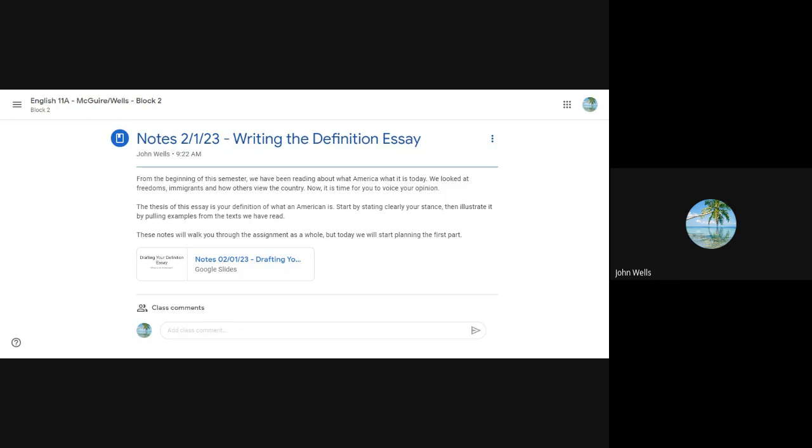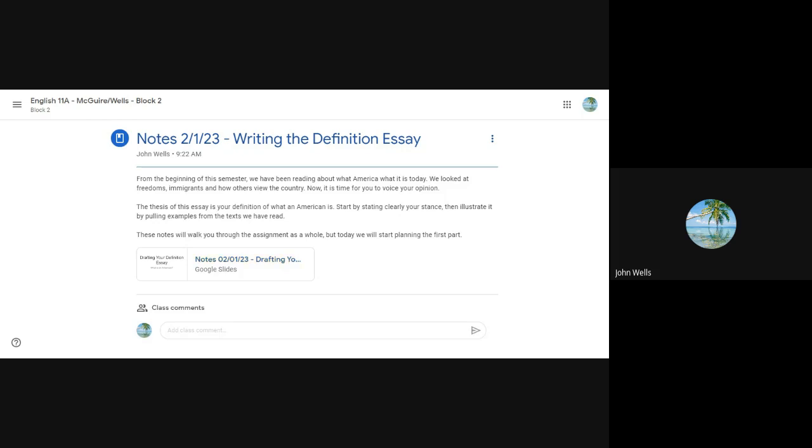So we're going to pull these ideas together and define for yourself what it means to be an American. Our goal today is to spend some time in the notes, make sure we have a good idea of what we're getting up against, and then do some pre-writing and start that process.